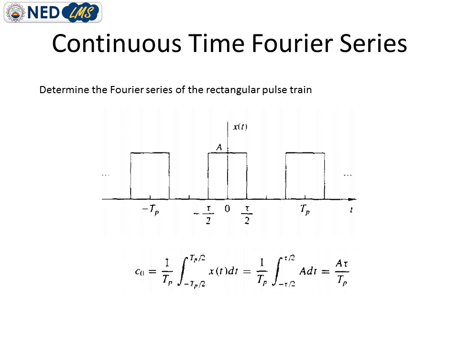So we have to determine the Ck. First C naught, or Ck, is equal to 1 over Tp integral from minus Tp by 2 to Tp by 2, which means one time period, of x of t dt.